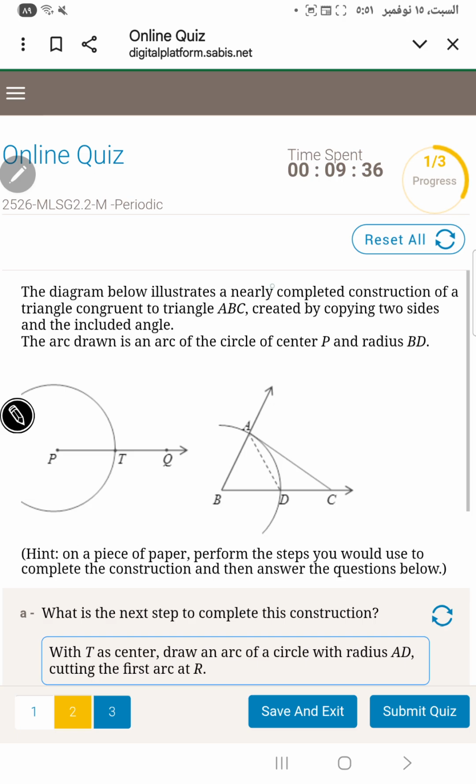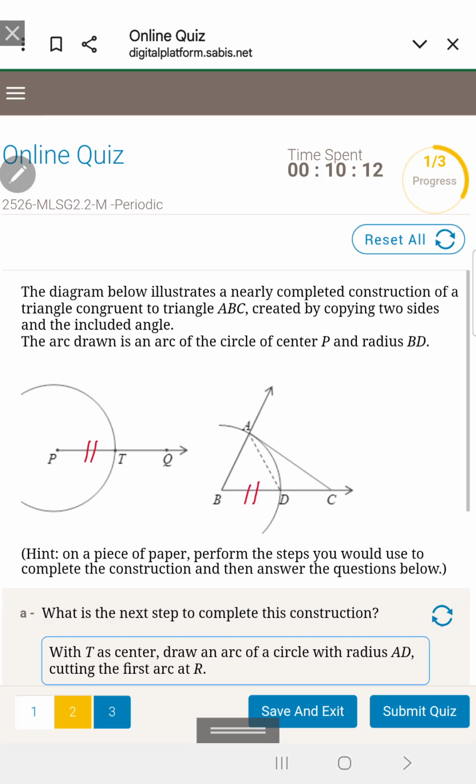The diagram below illustrates a nearly completed construction of a triangle congruent to ABC, created by copying two sides and the included angle. The arc drawn is an arc of the circle of center P, radius BD. This means now we ensure that this side here, BD, is equal to PT.